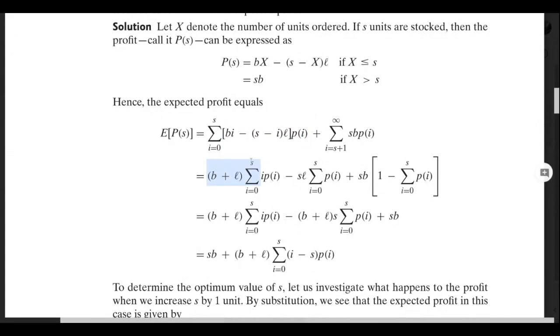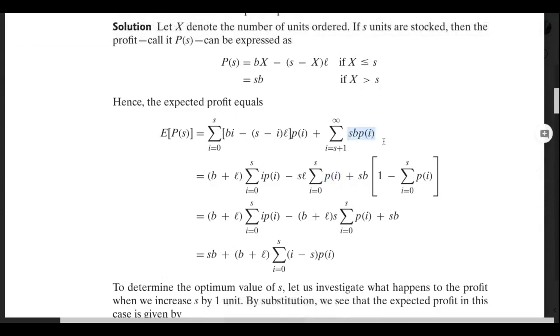So factor out B plus L because this has a negative IL, becomes BI plus IL. So have this. Then we'll have I multiplied by probability of the specific one. And this minus S, right? Minus S times L. So separate with the minus SL. Then, because SL has nothing to do with this index I, we can put it outside the summation sign. Just adds up all the probabilities of this.